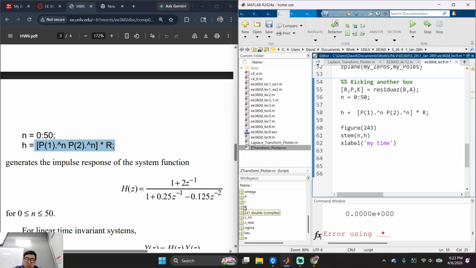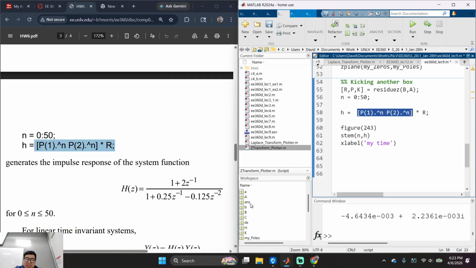R is a 2 by 1, and this is a 1 by 2. Dot times n. What does this equal? Let me see. F9. The answer is 1 by 102. Great. Okay. So this is going to be 1 by 102. And this is a 2 by 1.